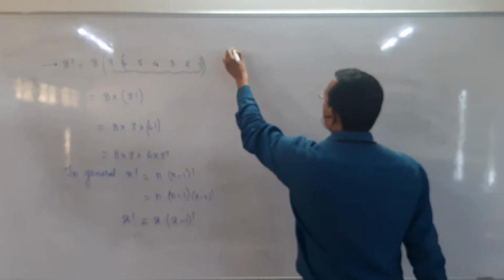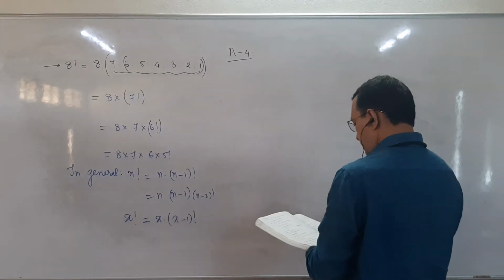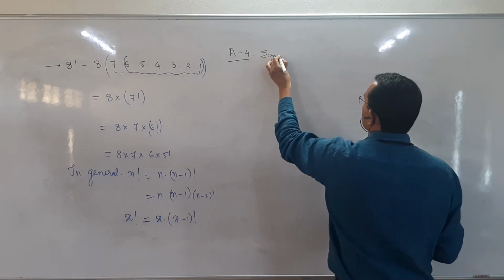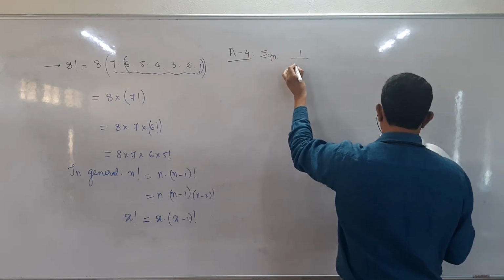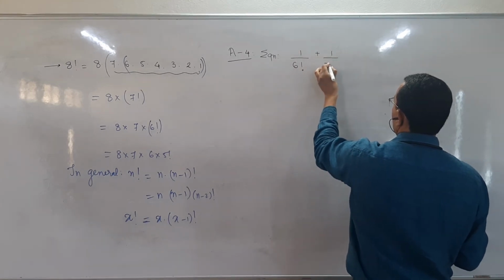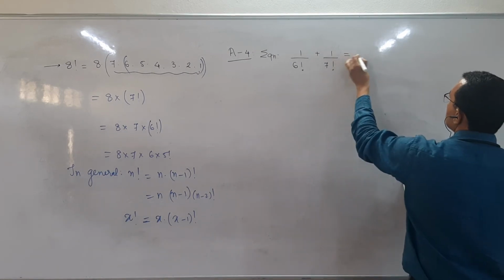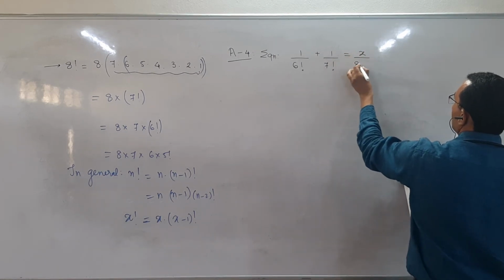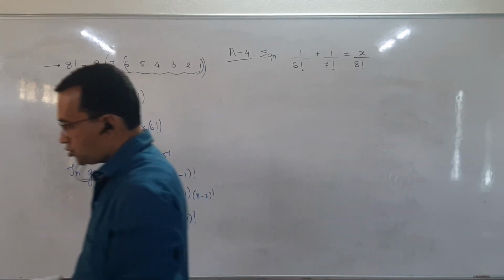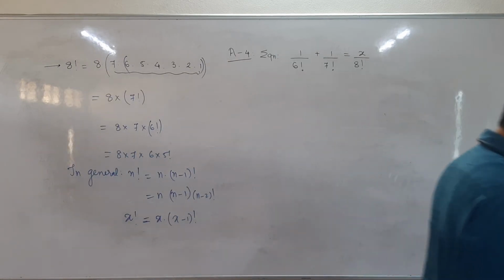Now, students, answer number 4, we have to find x from a given equation. The given equation is 1 upon 6 factorial plus 1 upon 7 factorial is equal to x upon 8 factorial. This is what, students, we have to simplify.